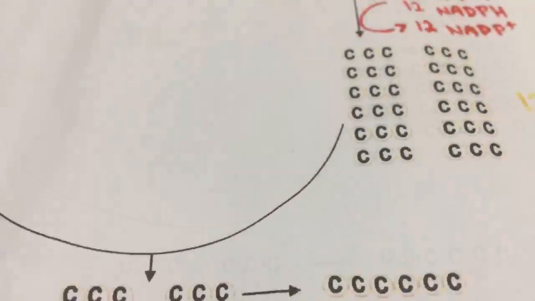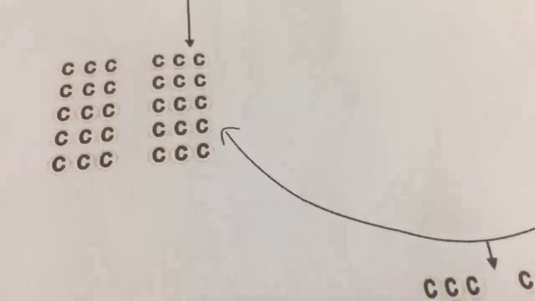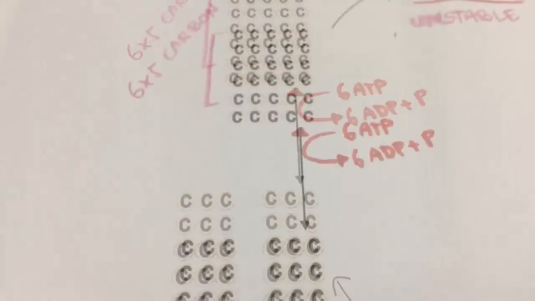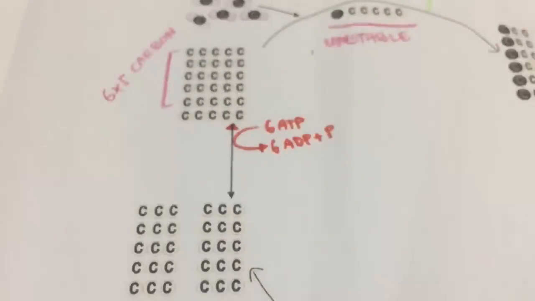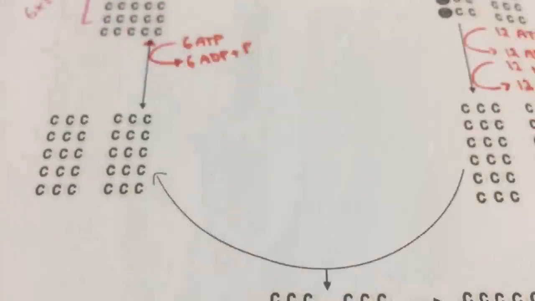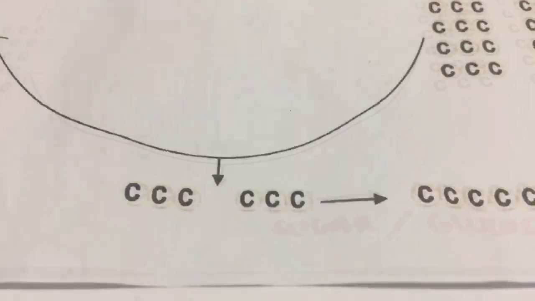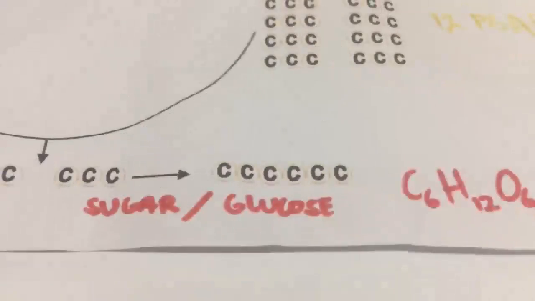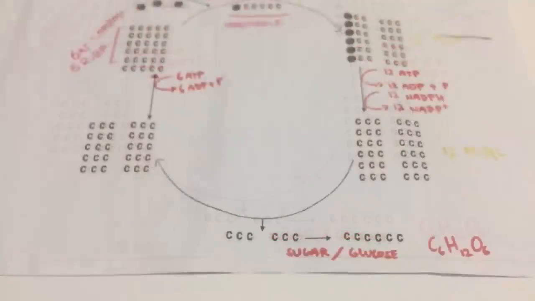These 12 PGAL need to settle down to two molecules. 10 PGAL will remain. It will again use 6 ATP from the light-dependent reaction, converting it into 6 ADP plus P. They will arrange themselves to produce the original 6 RuBP. Then, the two molecules here will now become a molecule of sugar, C6H12O6.